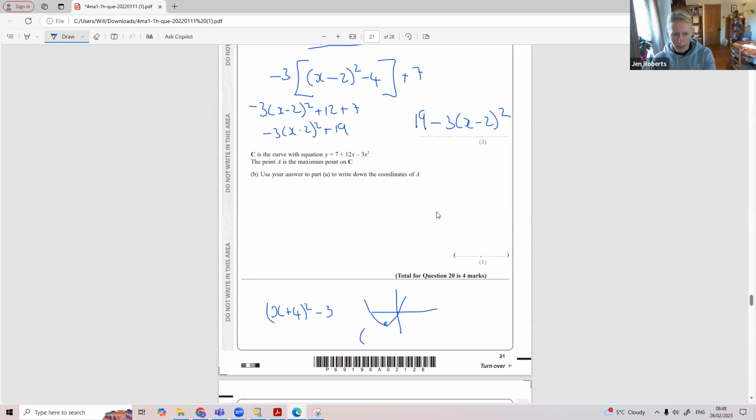So because it's like, you're always solving it, aren't you? Minus 4, minus 3. So what would the maximum, because obviously it's a minus 3x squared, so what would your maximum point be? Opposite sign for the number with your x, which is 2, and 19.